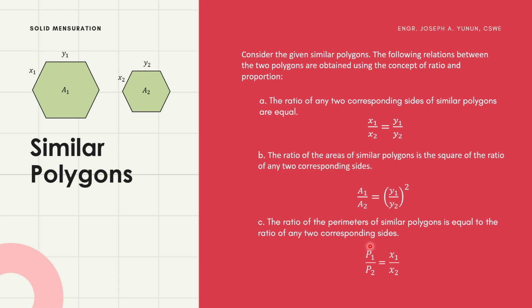So you could say perimeter 1 all over perimeter 2 will be equal to side y1 all over side y2. And take note that for the ratio of the area, the sides are squared, so the square of the ratio of the sides, while the perimeter is simply the ratio of any two corresponding sides.